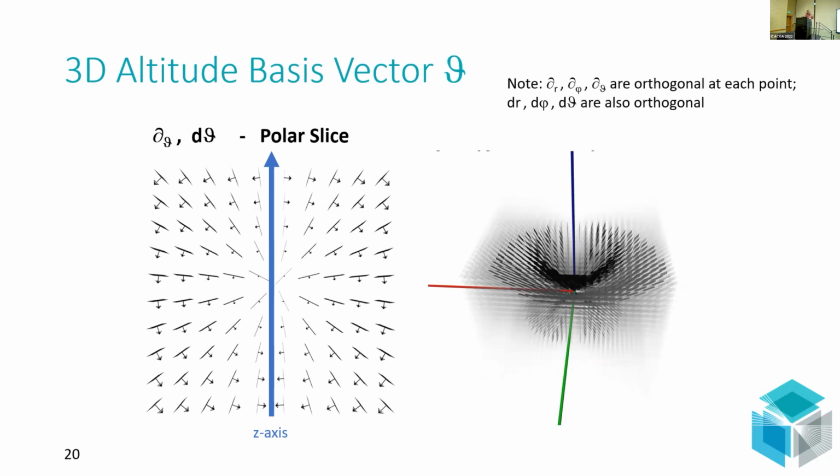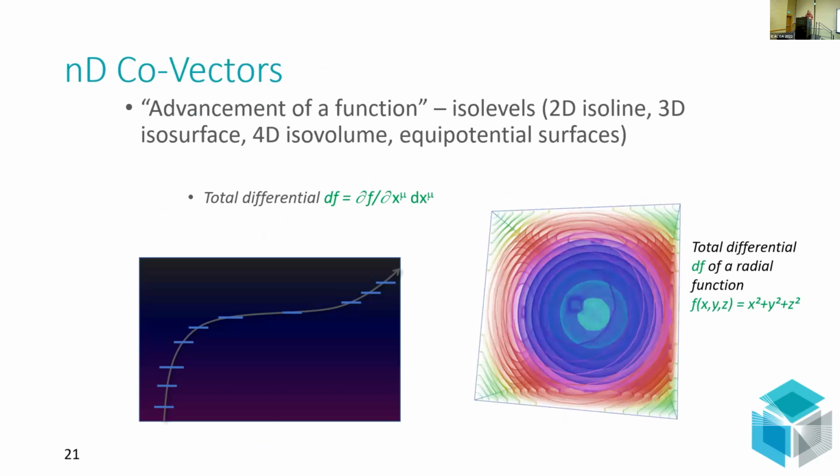It's one way to visualize the covector field of the basis vectors in the radial basis functions. And all these vectors are always orthogonal. The covectors are orthogonal to each other, and also the vector fields are orthogonal to each other. And the partials and the d's are also orthogonal to each other. You can play it in different coordinates, and as long as the coordinates are orthogonal, these properties will always be the same. Just an idea how to visualize them.